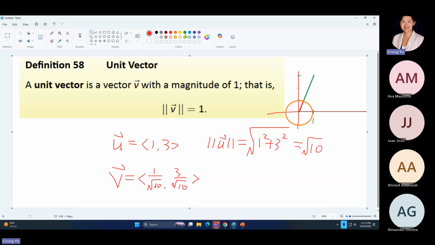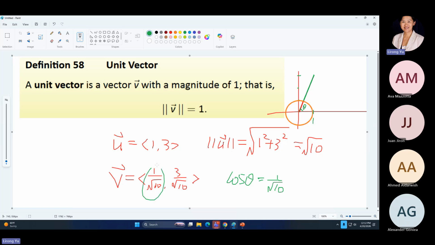Now, if we call this angle theta, then cosine theta is equal to x over r, so it's 1 over root 10.